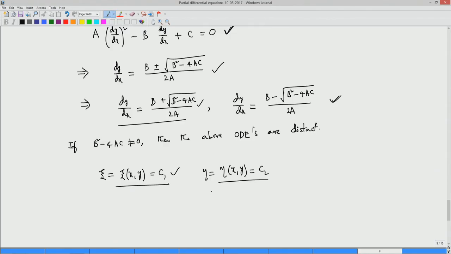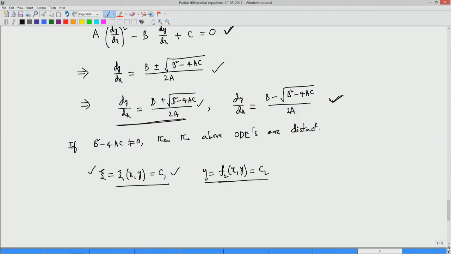So if you solve this ODE, you call it f1 of x y equal to constant, and you take that as your xi. Then say for example f2 of x y equal to constant after solving the other ODE, and once you get that, you take that variable eta as this f2.